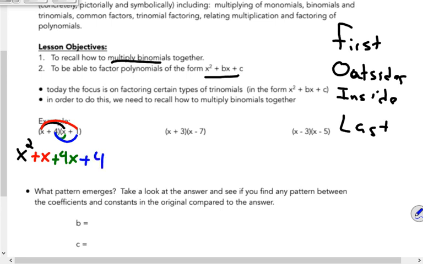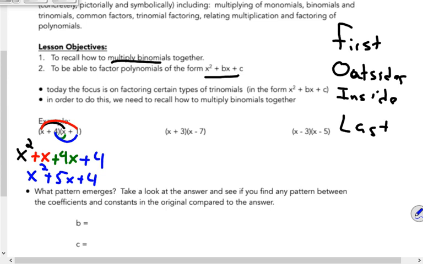Excellent. Very good. Okay, and then you just combine the like terms. They're always just the middle terms. Okay. 5x plus 4. Okay.